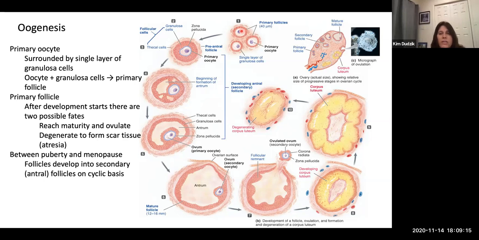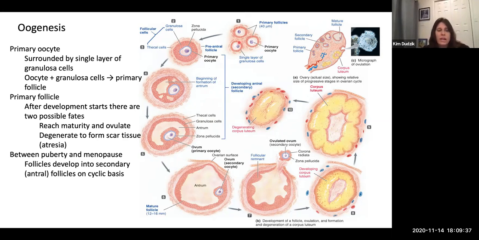And so now this is referred to as a primary follicle. The oocyte plus the granulosa cells make a primary follicle. Okay, and this is all going to be stimulated by hormones. We'll add that on in a minute.